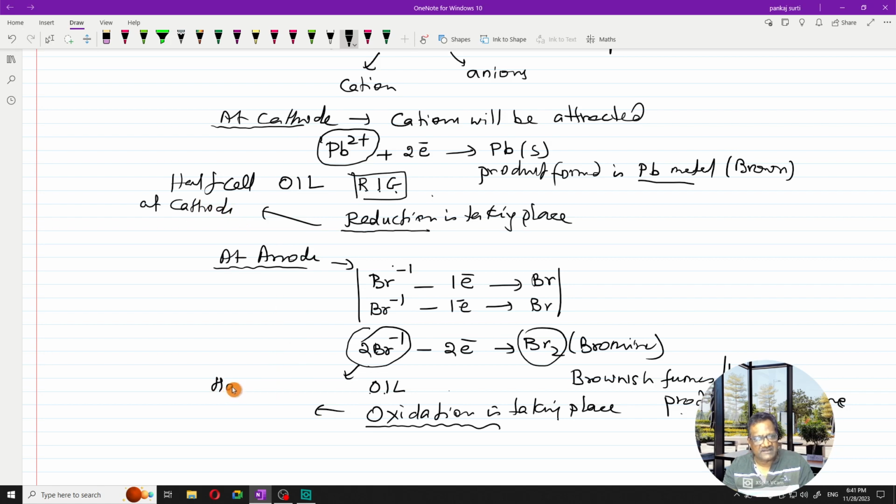In one half cell, reduction takes place, and in the other half cell, oxidation takes place. This is how the electrolysis of lead bromide in a molten state can be understood and explained.